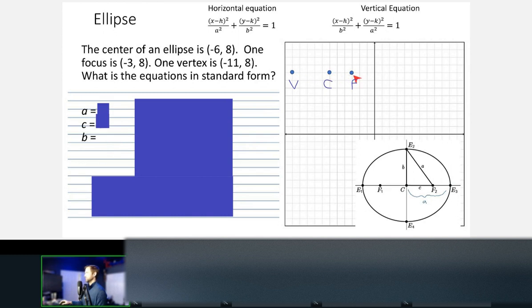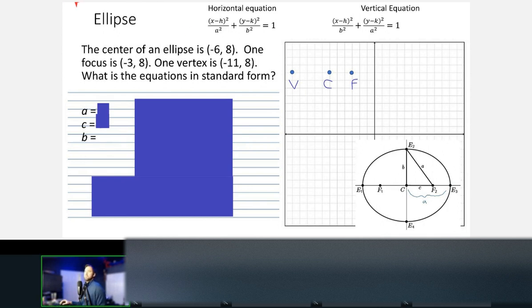It's in line with these 3 points, which tells us it is horizontal. I don't know if that even made sense what I just said, but you all understand what I'm trying to say, right? All right. Yeah, hopefully we're on the same page.